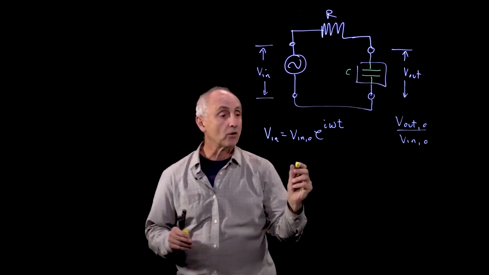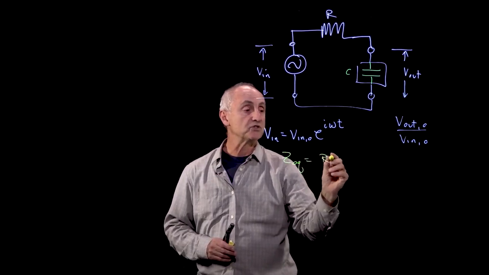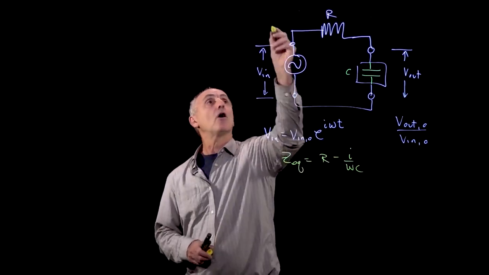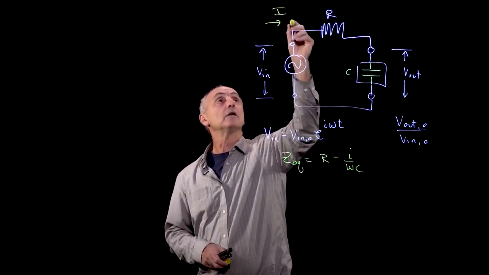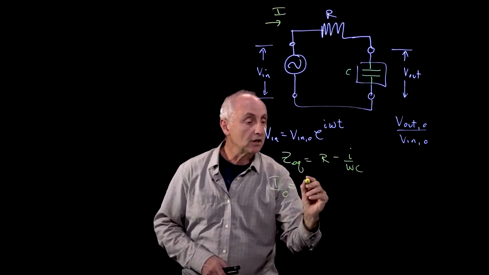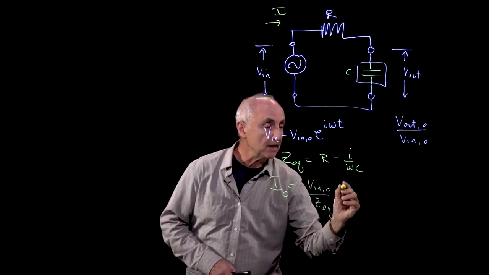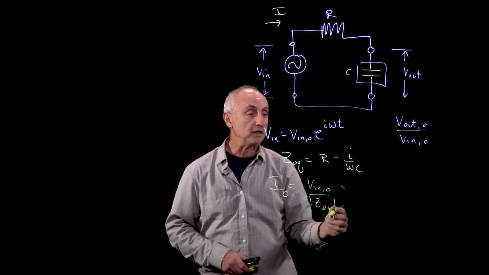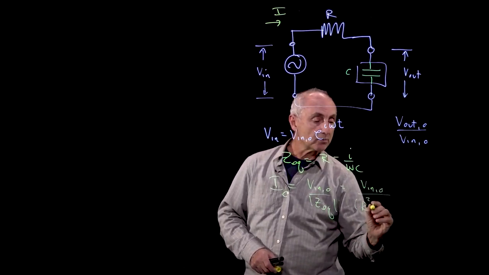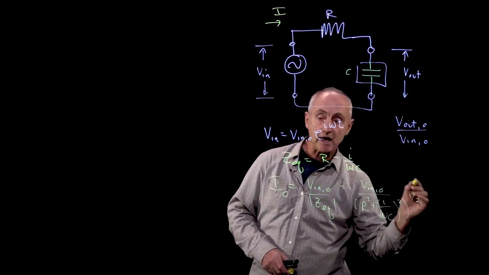All we have to do is get the equivalent impedance of this circuit, which is the resistance R minus i over omega C. And our current that comes in has an amplitude I naught equal to the incoming voltage divided by the magnitude of the equivalent impedance, which is simply R squared plus (1 over omega C) quantity squared, to the 1/2.